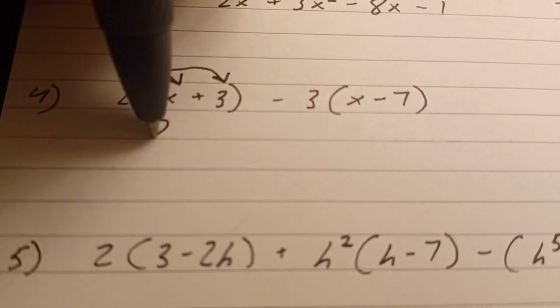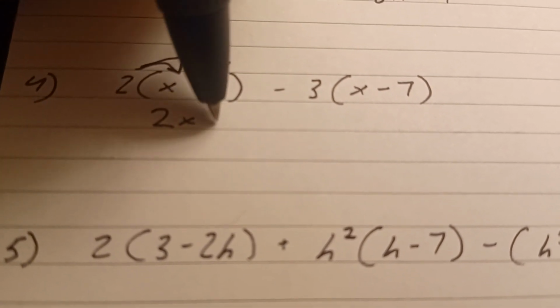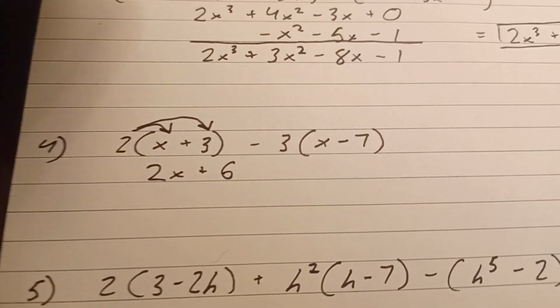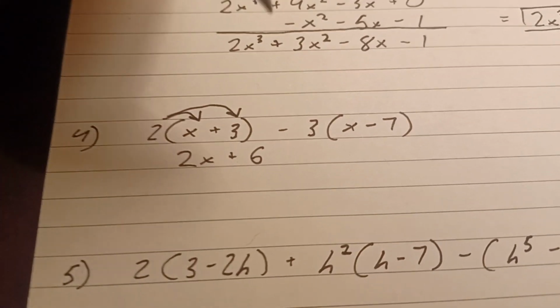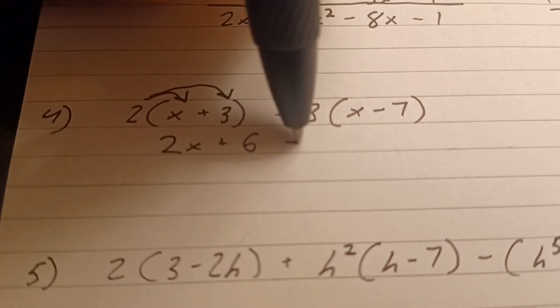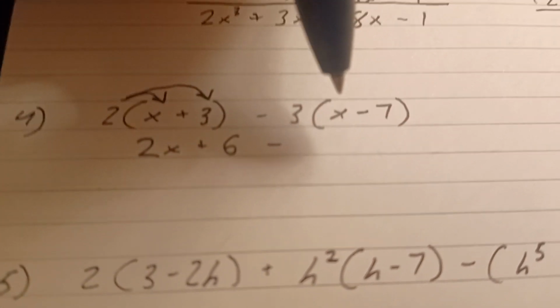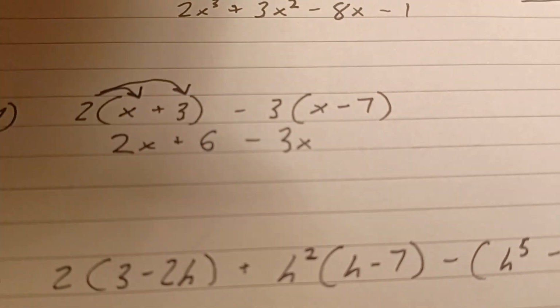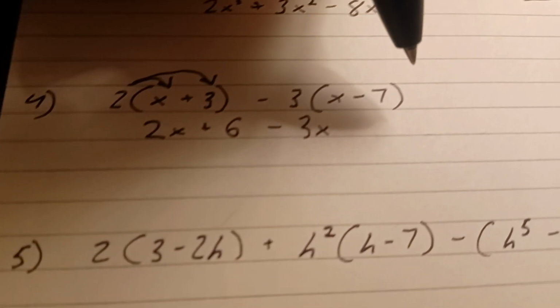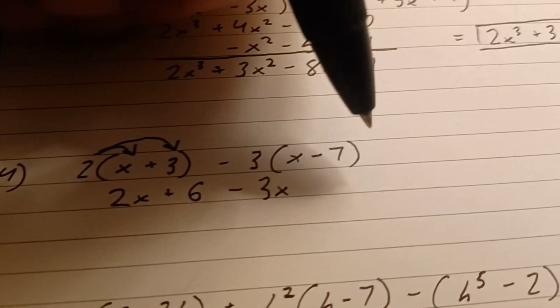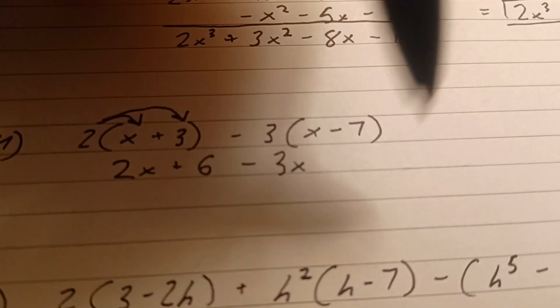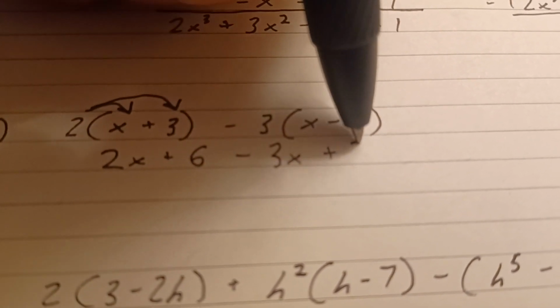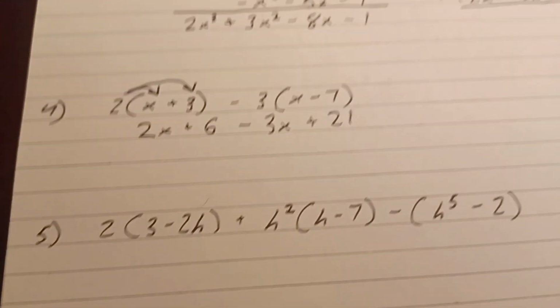So that's going to give us 2x plus 6. Again with the negative 3 times x, negative 3x. And negative 3 times negative 7, we know negative times a negative is a positive, so that is going to be positive 21. Like that.